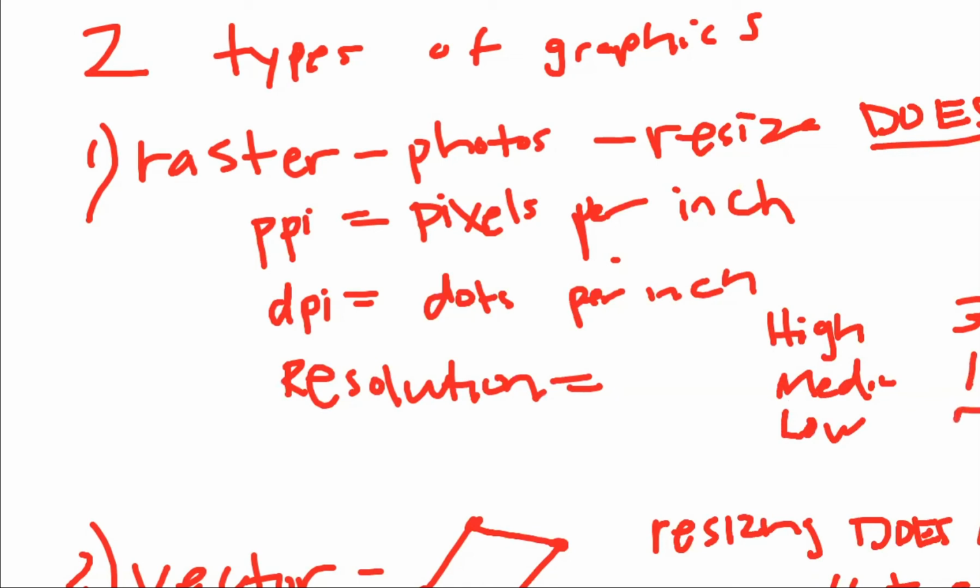And low resolution is going to be 72. And the platforms that you're normally going to work with these different types is going to be high resolution for printing, medium resolution for newspapers, and low resolution for web or digital environments.